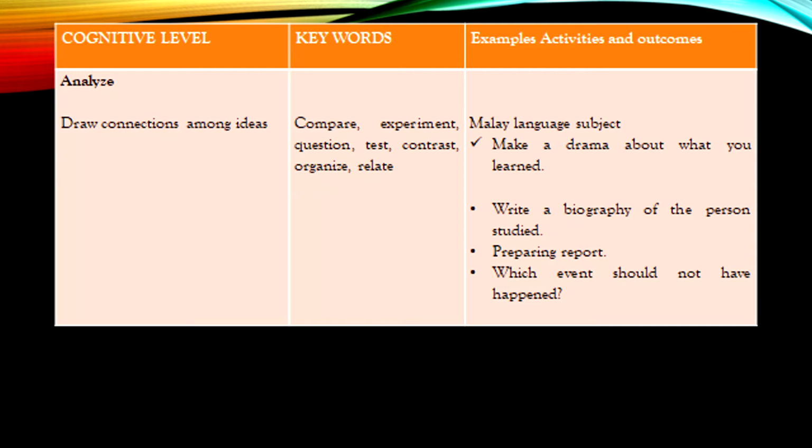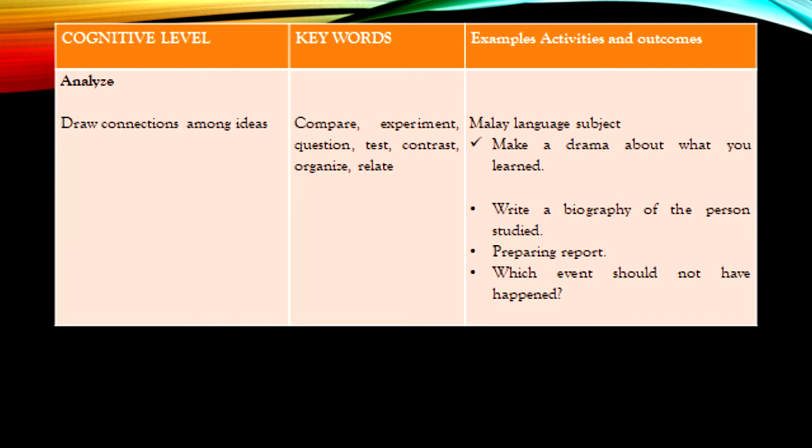The analysis level refers to the process of breaking down a material or concept into smaller parts, and identifying how these smaller parts relate to each other or to the overall structure or purpose.